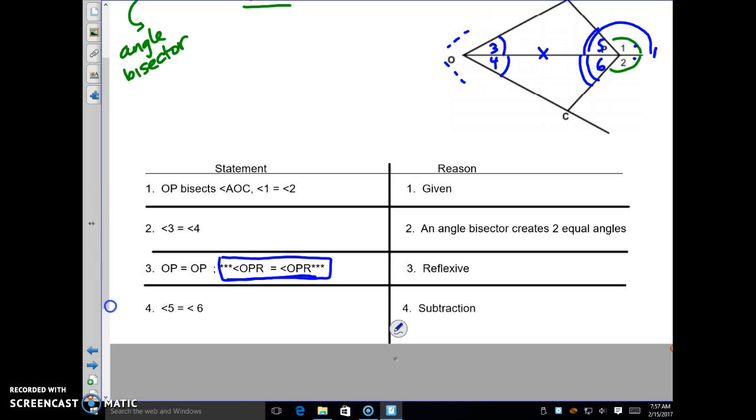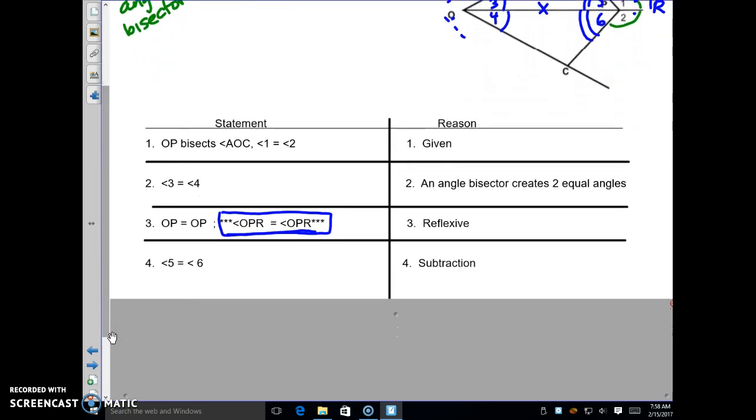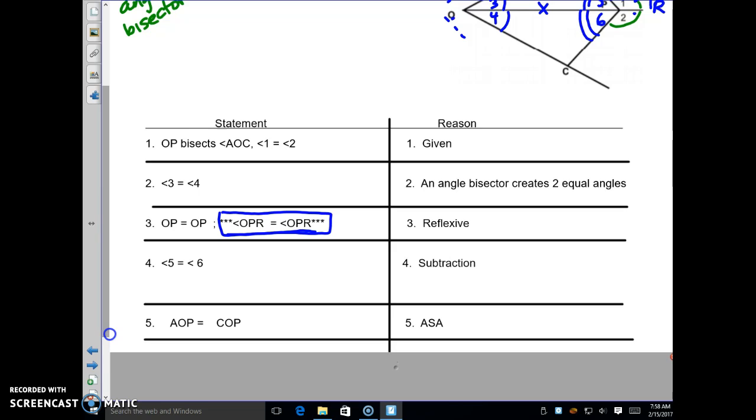I'm going to put the letter R right here. So OPR is reflexive, and then we can go ahead and use subtraction. The rest of it is a piece of cake again. We have two triangles that are equal by angle, side, angle. Again, please make sure you put your triangles and make sure that you have your corresponding letters labeled.